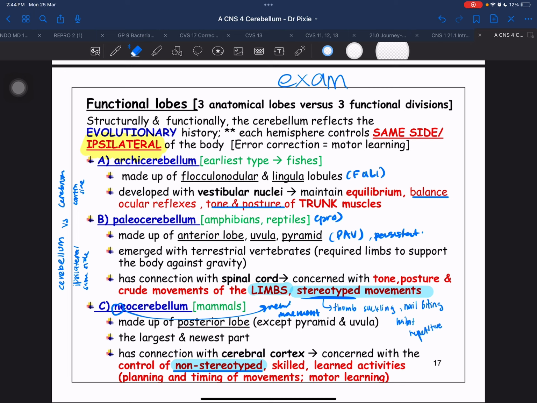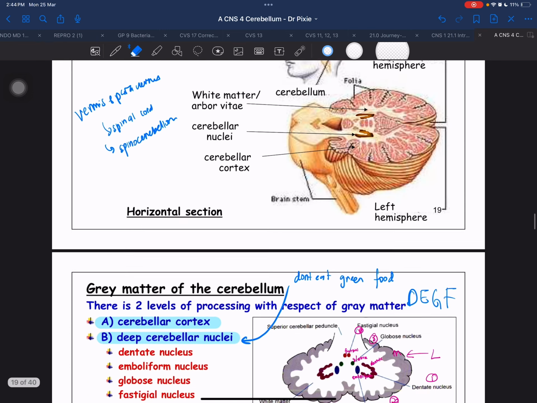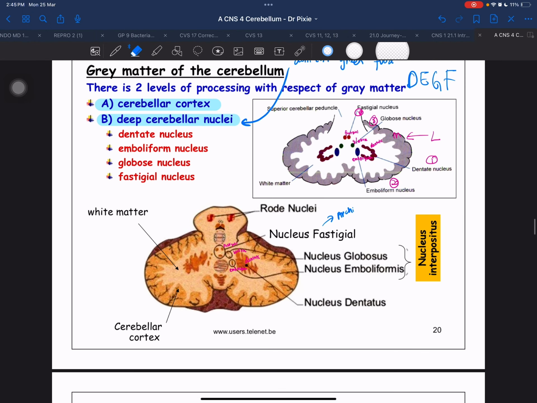Now, coming to here. Again, cerebellum has outer gray matter, inner white matter, and many nuclei. And these nuclei have the same pattern. If I cut the cerebellum, you will see gray matter, white matter, and these nuclei. 1, 2, 3, 4.